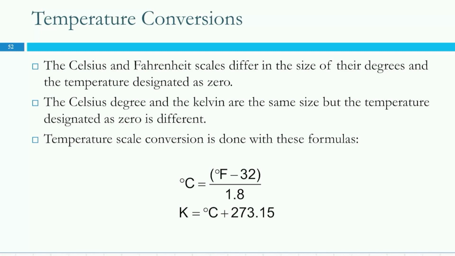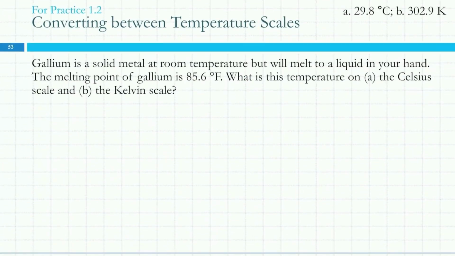So even deep space is 2 or 3 Kelvin. Sorry, I said degrees Kelvin. It's just 2 or 3 Kelvin. There's no degrees. What this does is, if we want to get to Kelvin, 0 in Kelvin is absolute zero. 0 in Celsius is negative 273.15. So if I take degrees Celsius, add 273 to it, basically shifts the whole thing over so that it's now Kelvin.